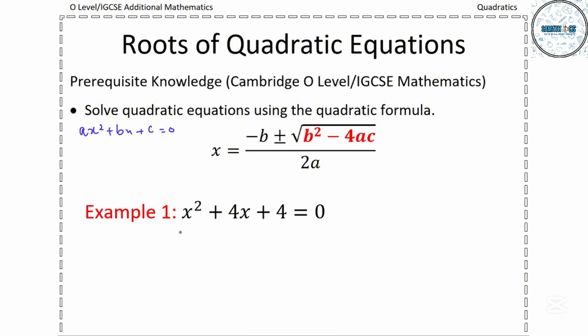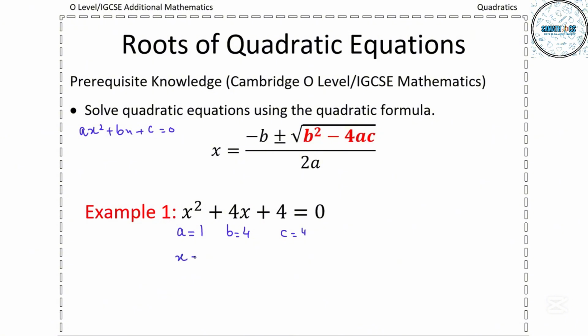We can write down the values of a, b, and c. A is the coefficient of x squared, which is 1. B is the coefficient of x, which is 4, and c is the constant term, which is 4 in this case. Then we will substitute the values of a, b, and c in the quadratic formula.